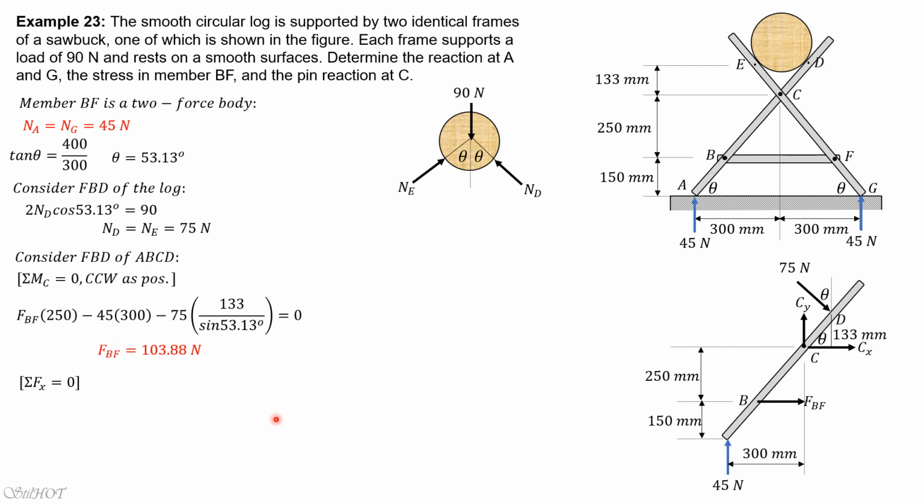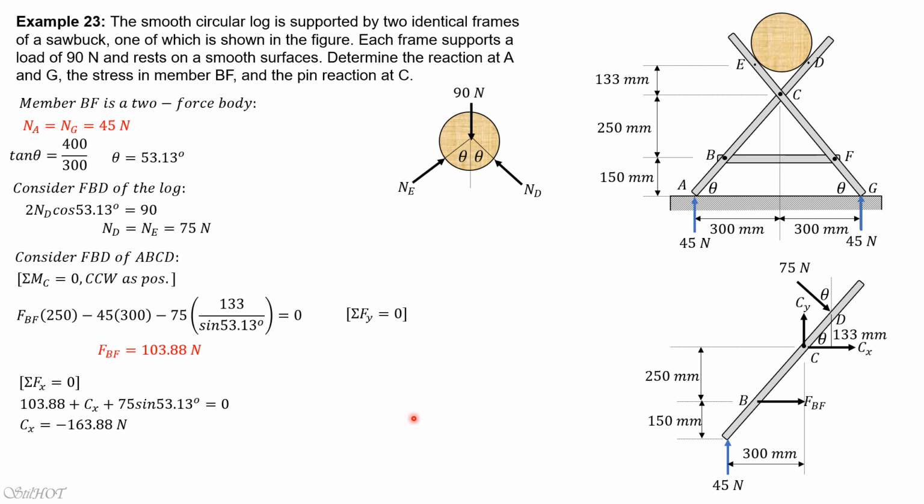And for C_x and C_y, summation of forces in x equals 0. So 103.88 plus C_x plus 75 sine of theta, sine 53.13, equals 0. So C_x is negative, meaning we assumed the wrong direction for C_x, so it should be leftward.